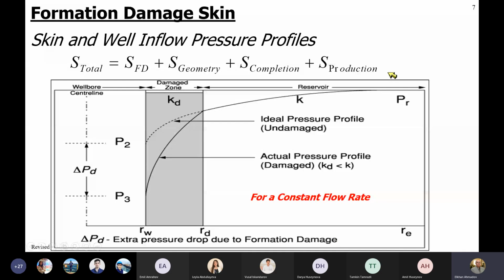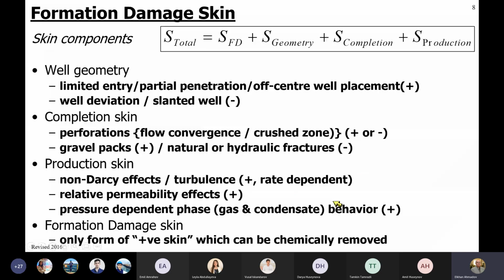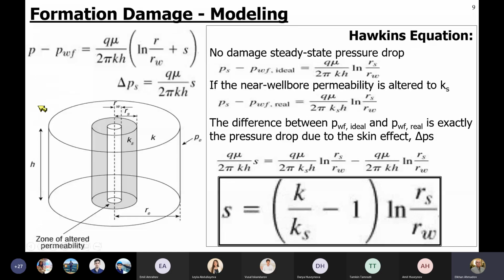We talked about the geometry skin, the completion skin, the production skin, and the formation damage skin. So the modeling of the formation damage with the skin is given here, and it's taken from Michael Economides' book of petroleum production systems.